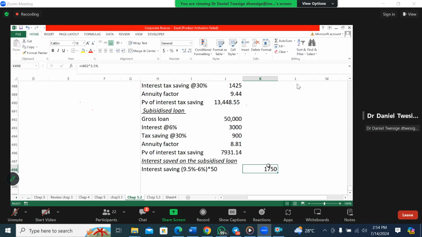So in this case, our annuity factor, I'm going to copy this again, because we are saving this interest for 20 years, not for 25 years.